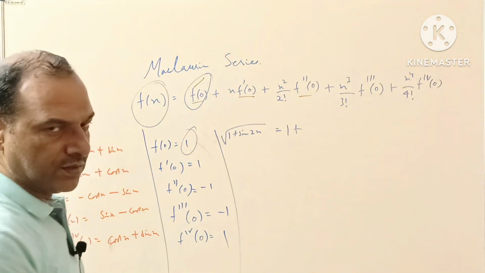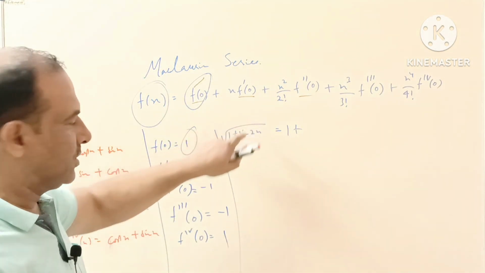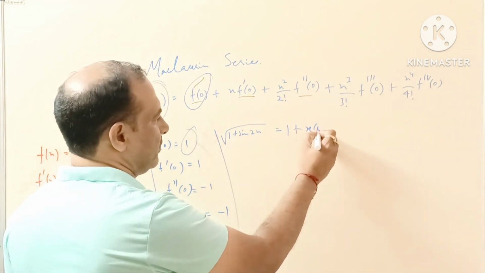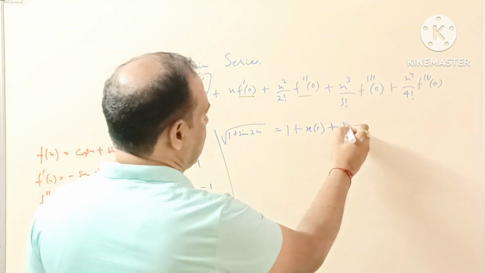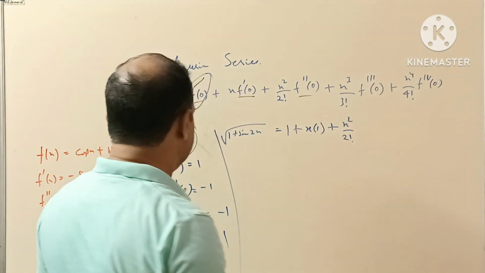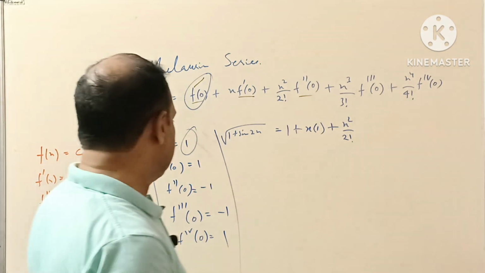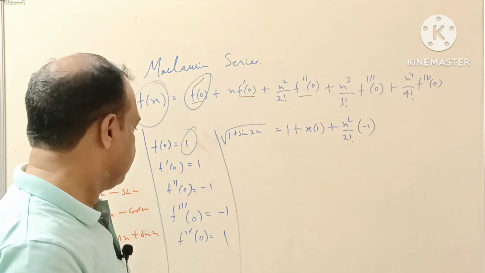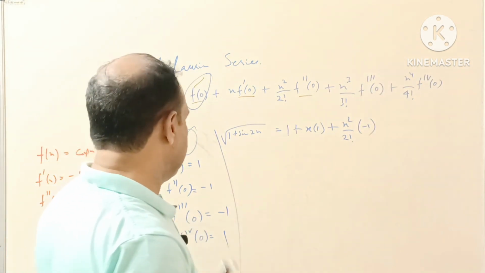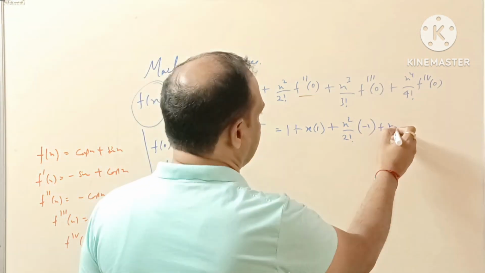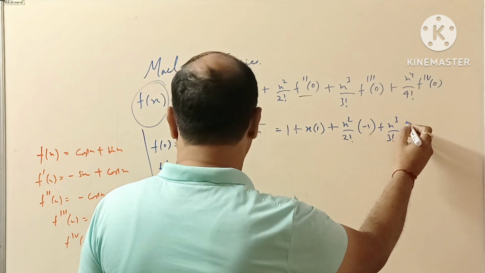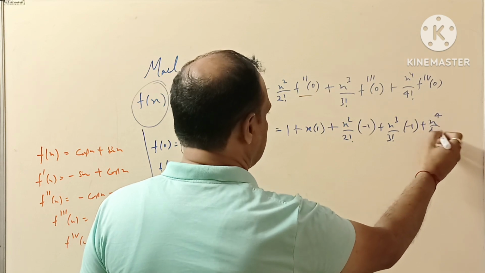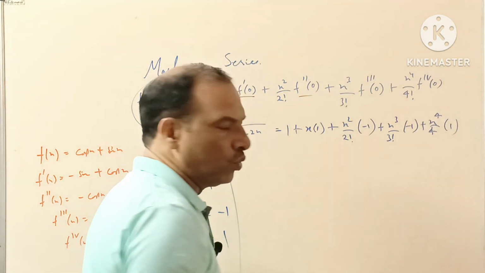Now you put the value of f dash 0, which is again 1, with the x. In the third part it is x squared over 2 factorial, and f double dash 0 is not 1, it is minus 1. Then for f triple dash you have x cubed over 3 factorial, and this is minus 1, plus x to the power 4 over 4 factorial, which is 1.